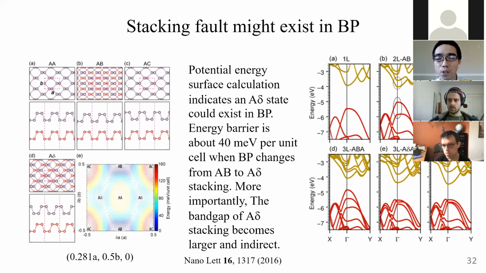We think after the liquid exfoliation, there might be some stacking fault, especially since in black phosphorus the force between each layer is van der Waals force, which is quite weak, and there's the possibility of shift of the different layers under the force of the ultrasonic bath or tip sonicator.